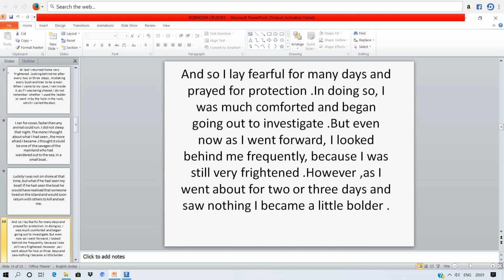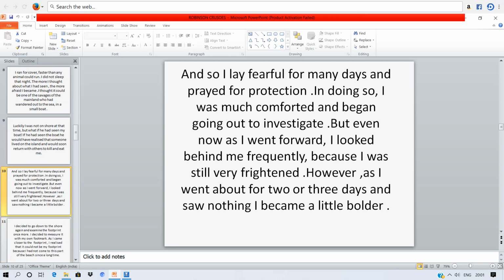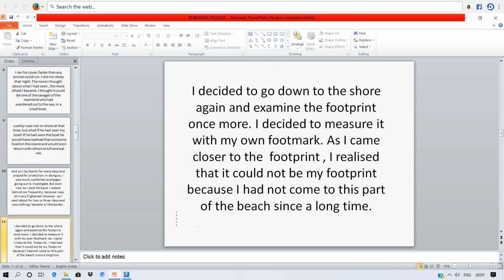However, as I went about for two or three days and saw nothing, I became a little bolder. I decided to go down to the shore again and examine the footprint once more. I decided to measure it with my own footmark.